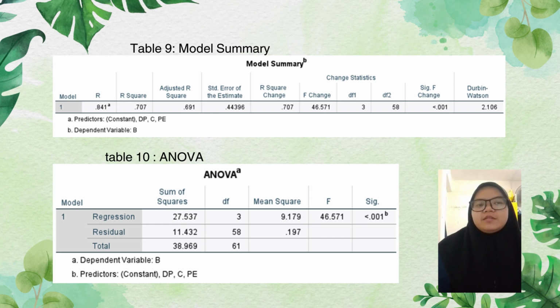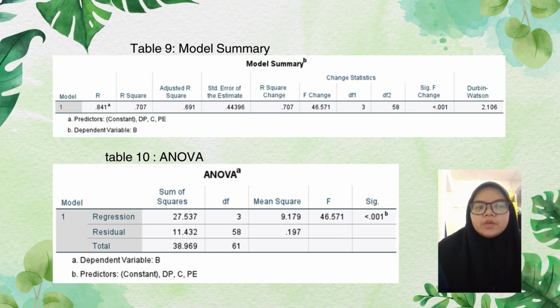The next part is the regression coefficient and R squared. Based on the data below, the model summary has indicated that the R value is 0.841. This value shows a strong relationship between variables.